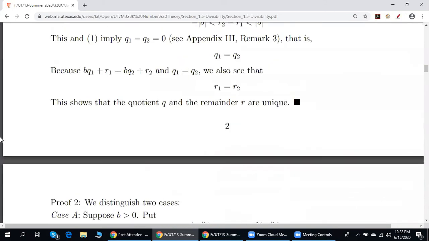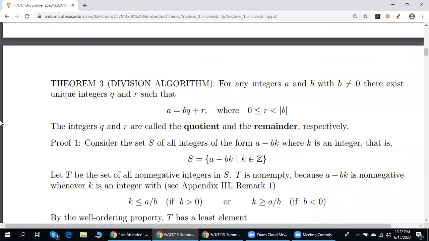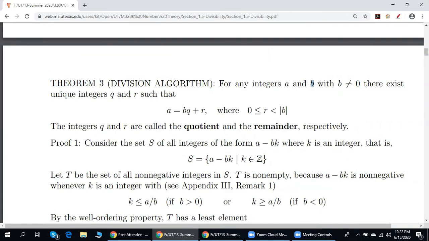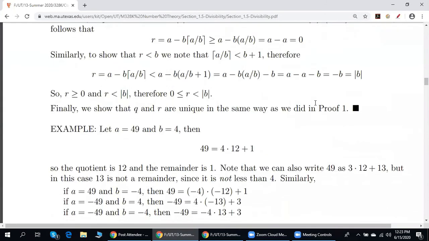Next, let us go back to theorem 3. Suppose b is equal to 2. As we discussed, if b is equal to 2, there are only two possibilities for the remainder. R is either 0 or 1.